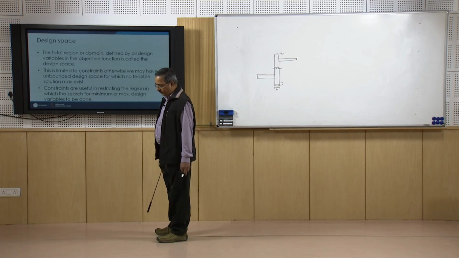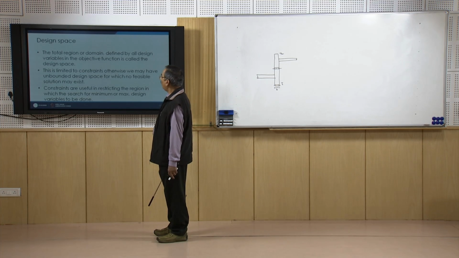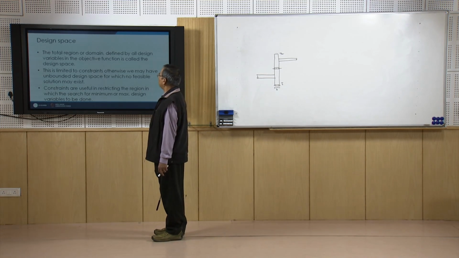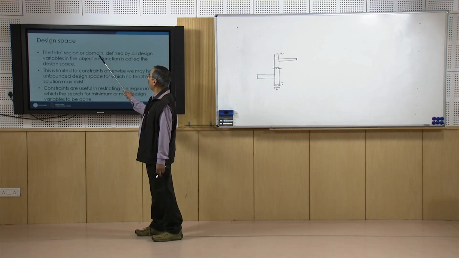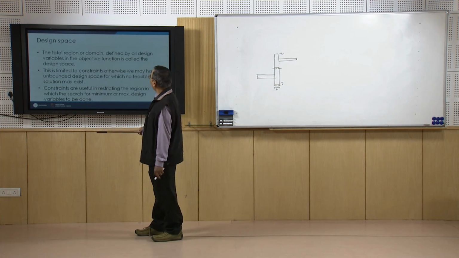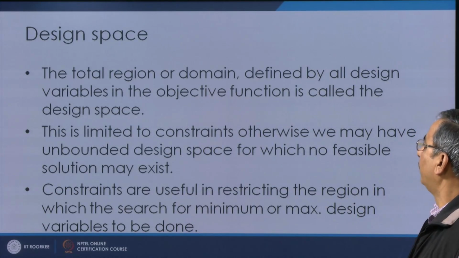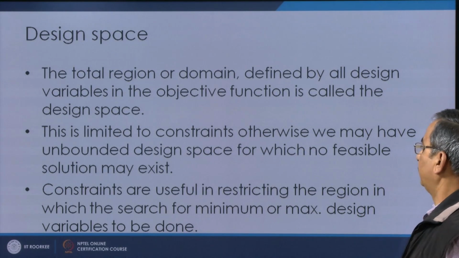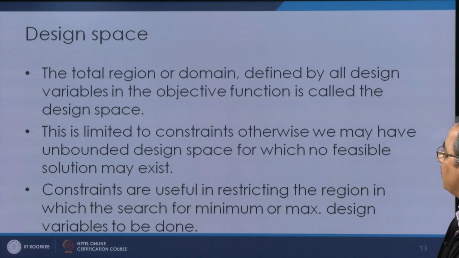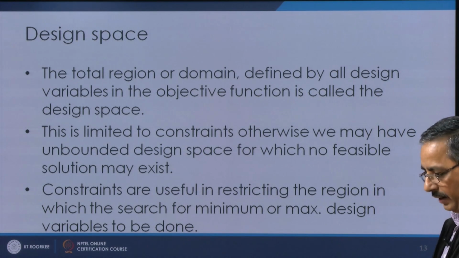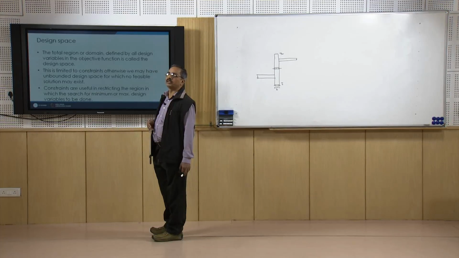Then let us have some idea about design space. The design space is basically defined as the total region or domain defined by all the design variables in the objective function.